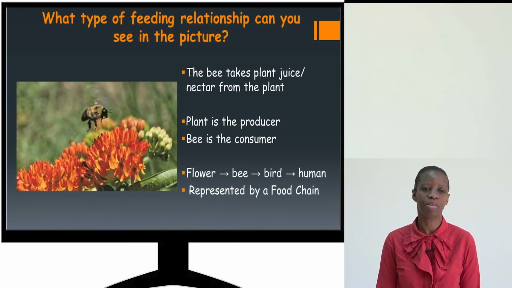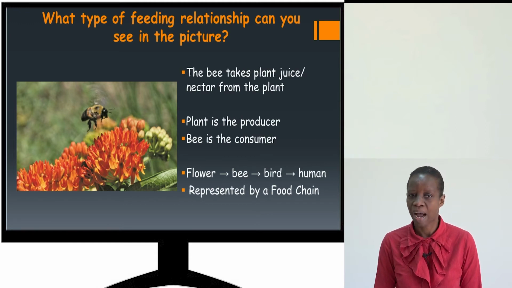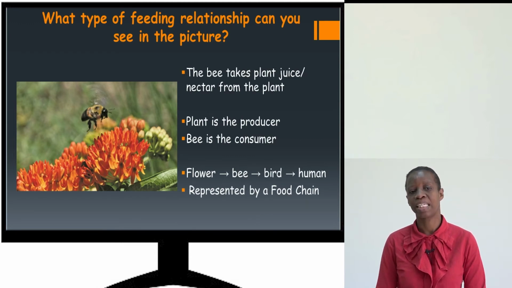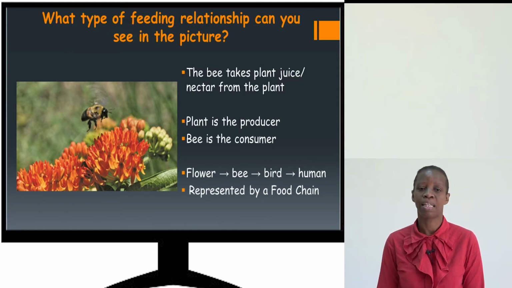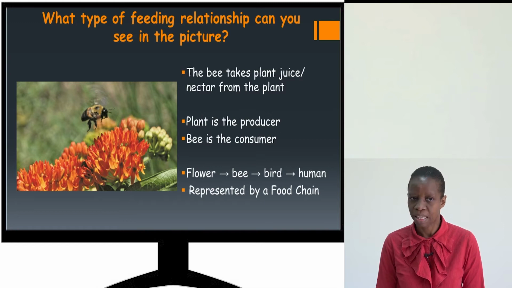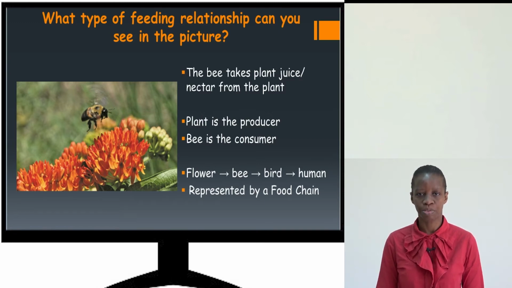So it would move from the flower, which is eaten by the bee. So the arrow represents or indicates that it's eaten by. So the flower is eaten by the bee, right? Which is eaten by the bird, which is eaten by the human. And that would represent our simple food chain.